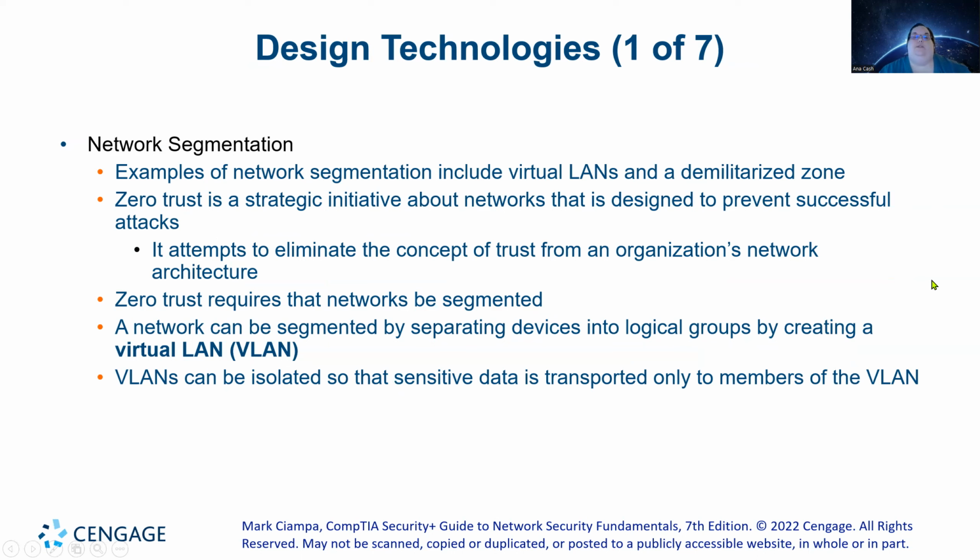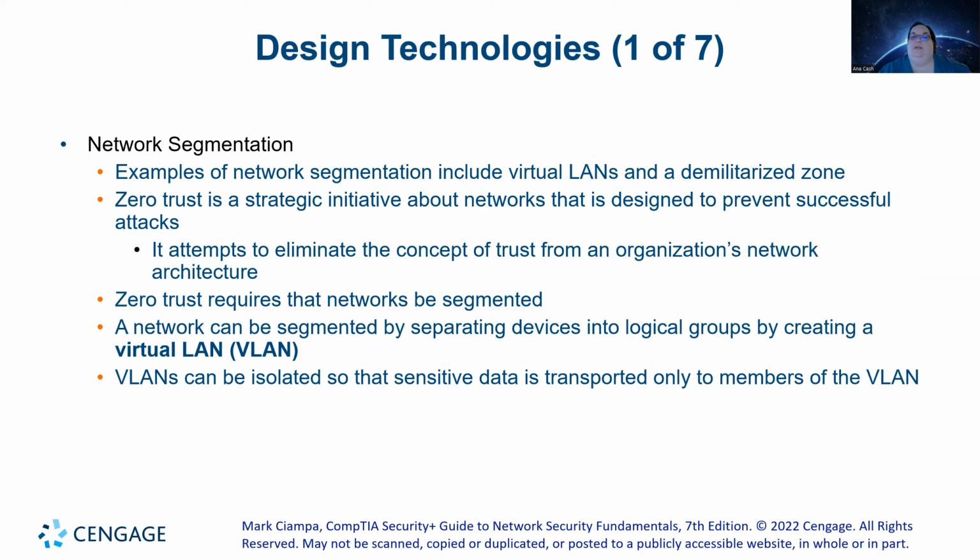Design technologies. Okay, network segmentation. And unless you have an incredibly small network, you will see this in practice. Examples of network segmentation include virtual LANs and demilitarized zones. Zero Trust is a strategic initiative about networks that is designed to prevent successful attacks.